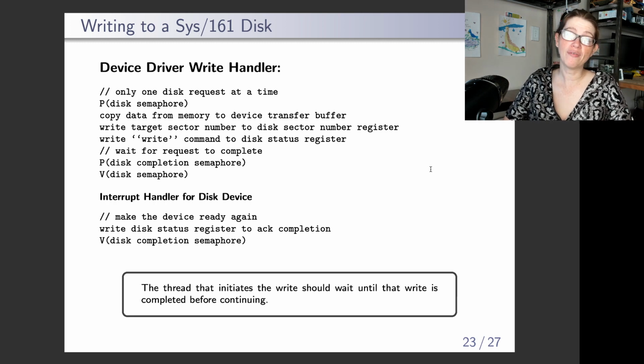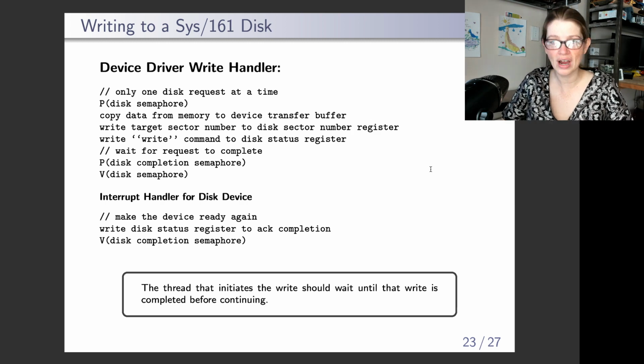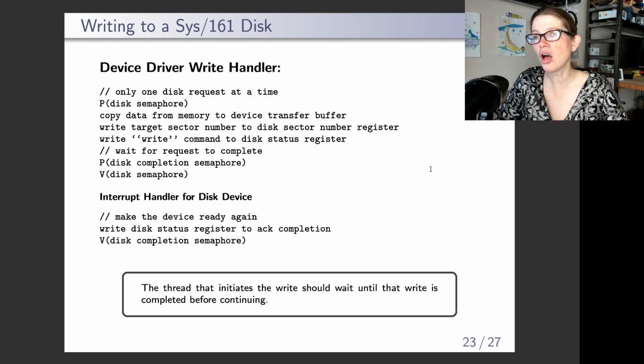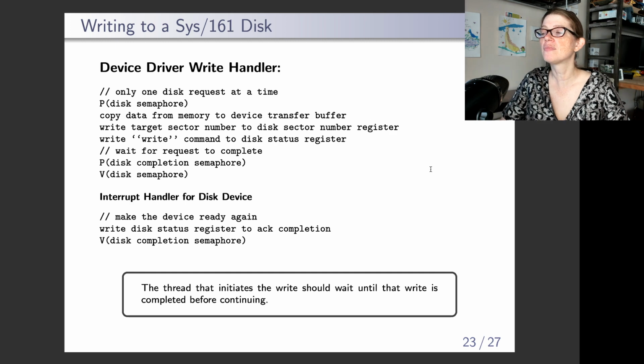If I am a user program and I am writing to a disk, probably my next operation may also be writing to the disk, and I don't want to continue on in my program until the initial write has actually completed. So I want the calling thread to block until the I/O operation has completed. This is one way to do that.